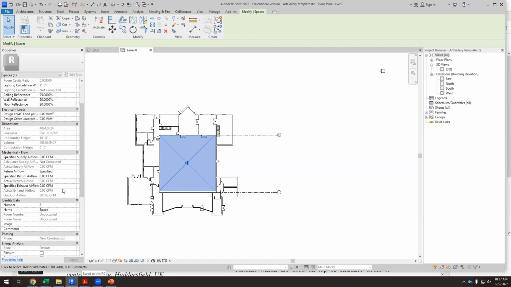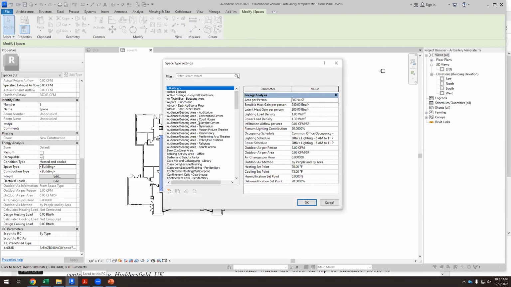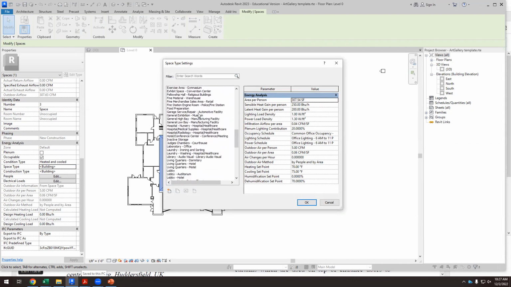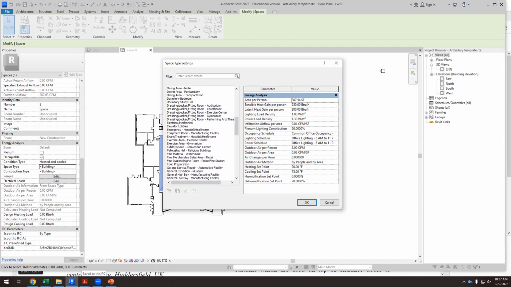But here I have information about the building. You see we have space type, and if I click here on building, I have a list with a lot of elements or a lot of uses. I found before this exhibit space. If you click on exhibit space, here you have what they suggest for this exhibit space.